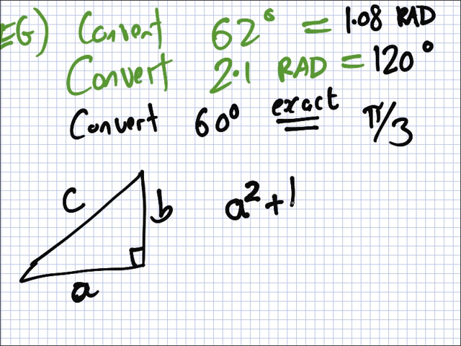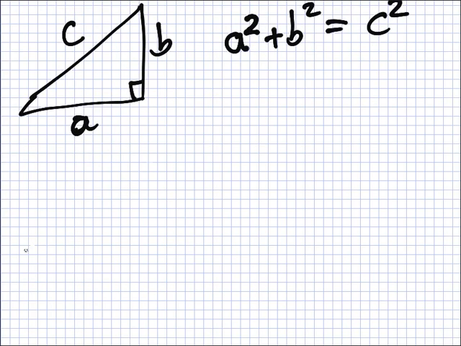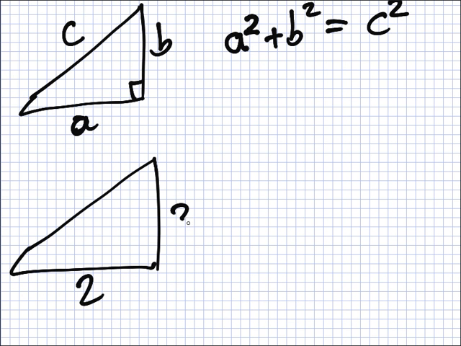Right, a squared plus b squared equals c squared. Yeah. And that's really it. So let's just practice with an example. Give me the answer to 2 decimal places. 2 dp. 2 decimal places.